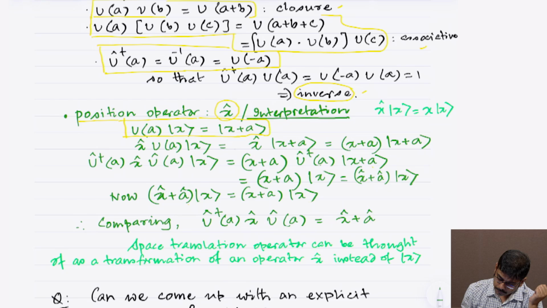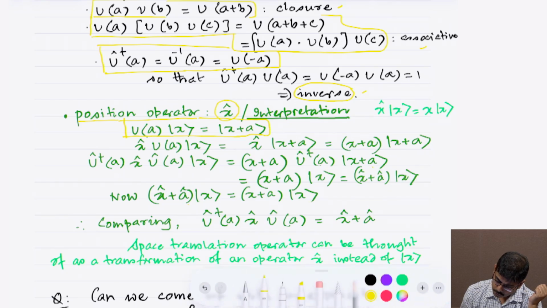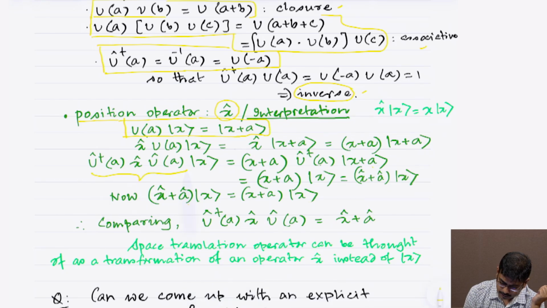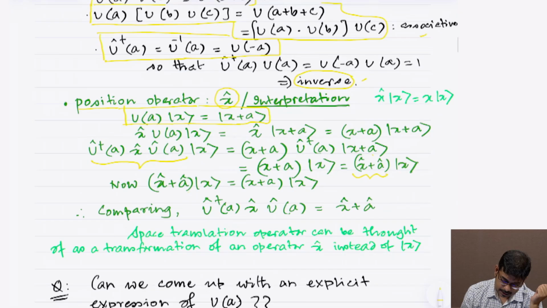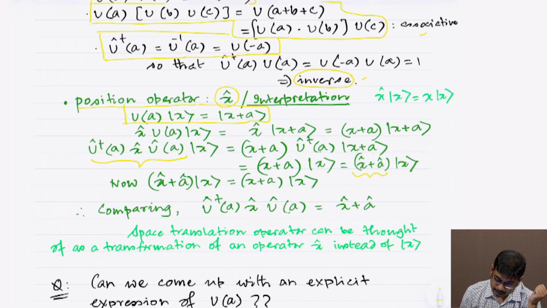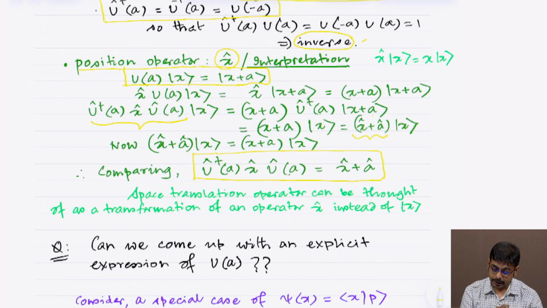So, now if you compare these two sides, this operator and this operator, you are basically saying that U dagger A x hat UA is nothing but the operator x hat plus a itself. So, now we have a vision slowly building of what kind of operator UA is.